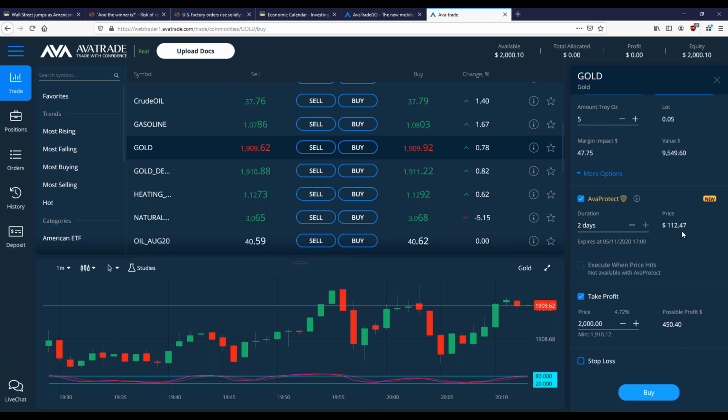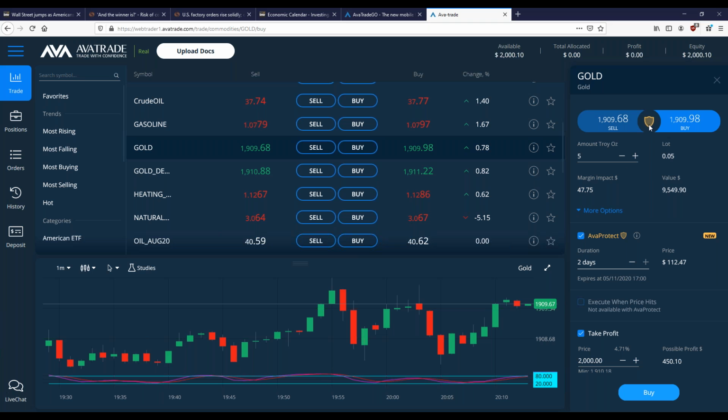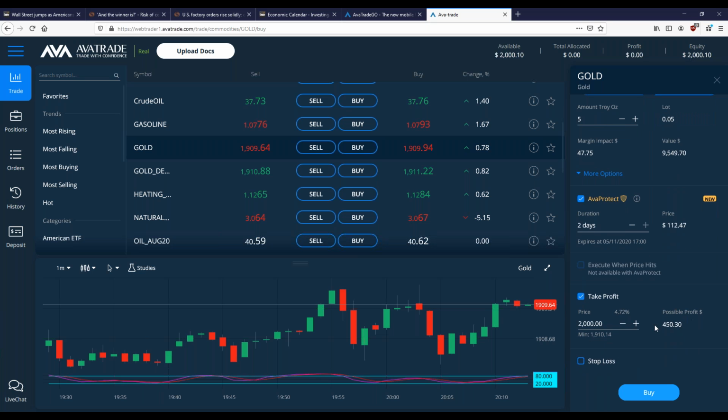Through this type of volatility, if investors see fear from the election results, you could easily see gold break 2,000, right? So this is how I think it can be very useful to use Ava Protect. Right through the election, only 112 cost for the premium, potential profit 450. Okay, so very, very nice.